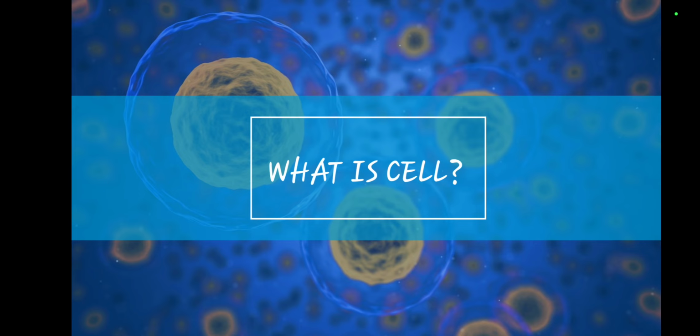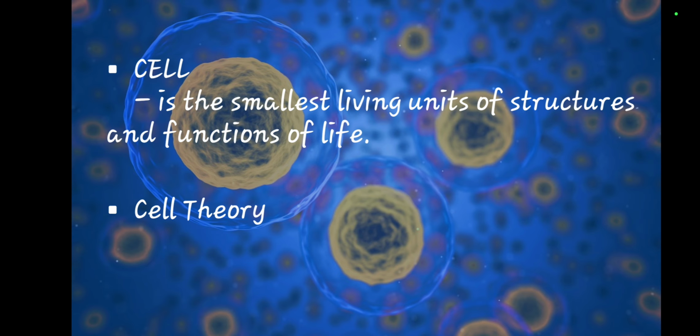First and foremost, the question that always arises at the beginning of the lesson: what is a cell? As I've said, the cell is the basic, or fundamental, unit of life. A living organism is composed of cells. To explain further, the cell is the smallest living unit of structure and function of life.